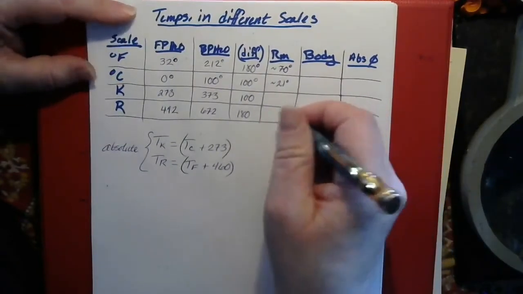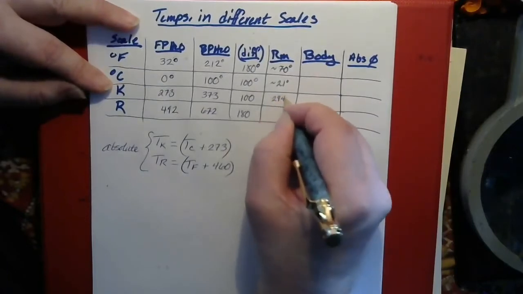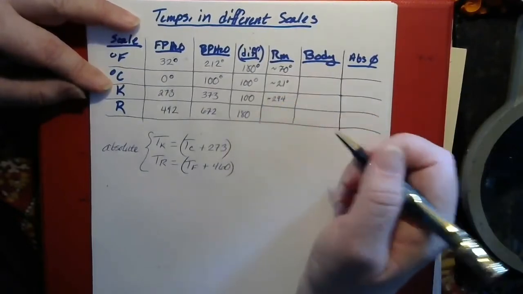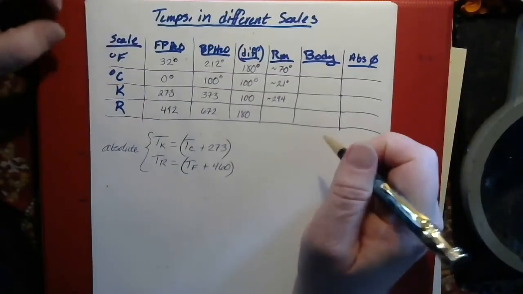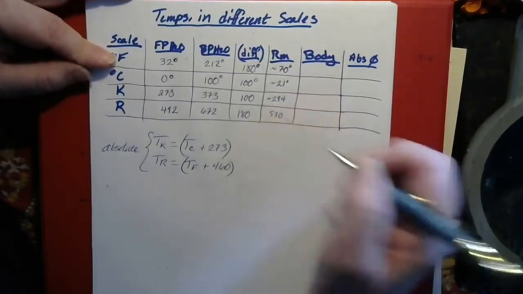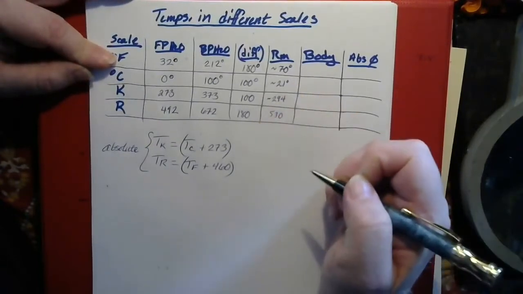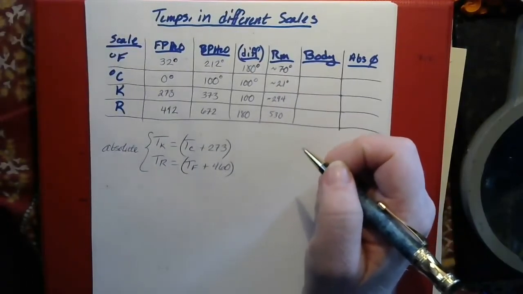And in Kelvin, 21 plus 273 would be about 294. And in Rankine, that would be 530. So 70 plus 460.